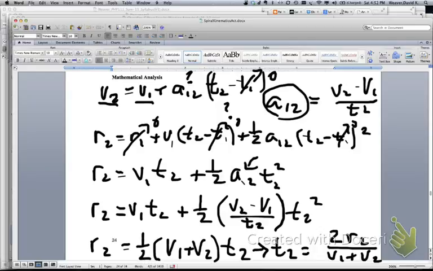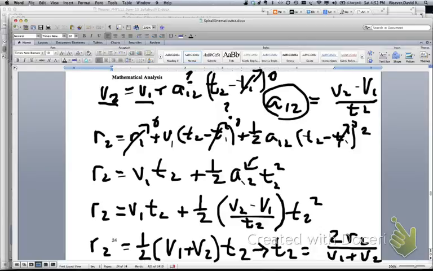If you want to check to see if you have made any major mistakes, you can do unit analysis. I know that time is supposed to be in seconds, and if I have position on top in meters and velocity on bottom in meters per second, I end up with seconds, which is pretty much what I think I need to have.